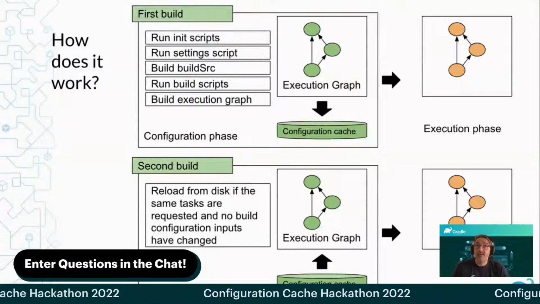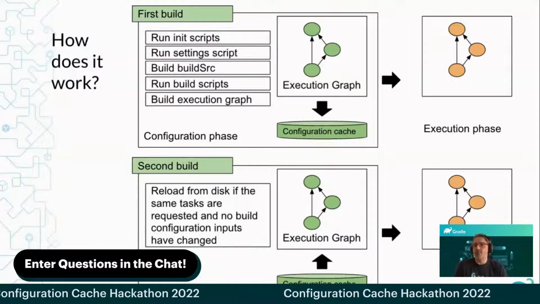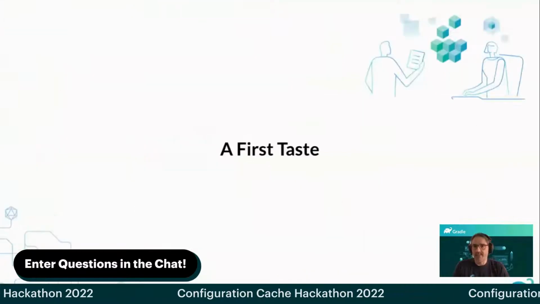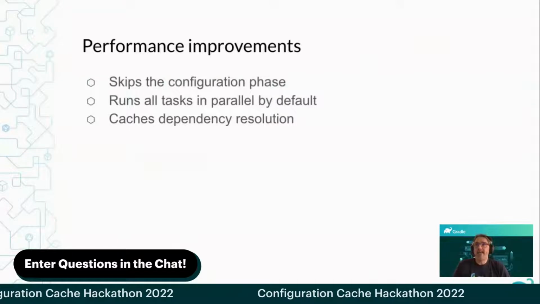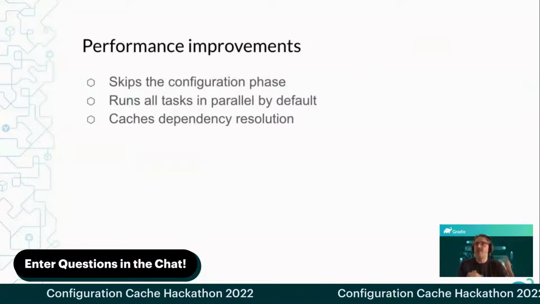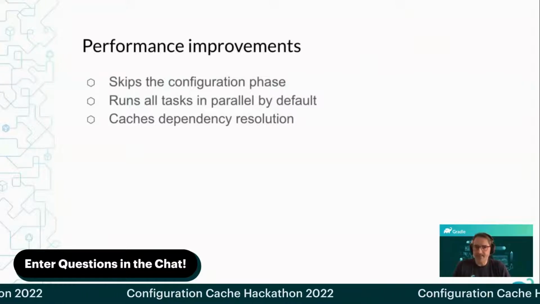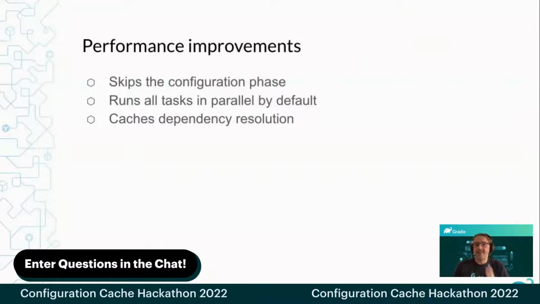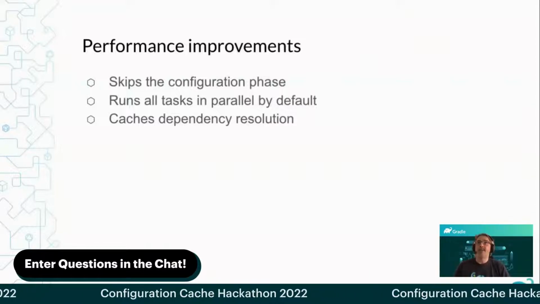The configuration cache also enables all tasks to run in parallel by default. I'll discuss a bit more of that later. And by caching the results of dependency resolution, so it doesn't have to reevaluate dependency resolution specs over and over. That's how we get these fast builds, right?